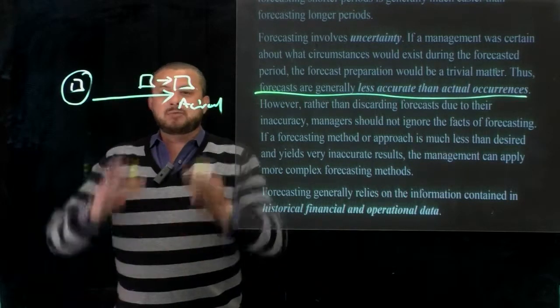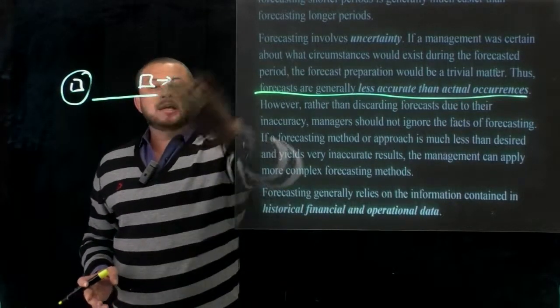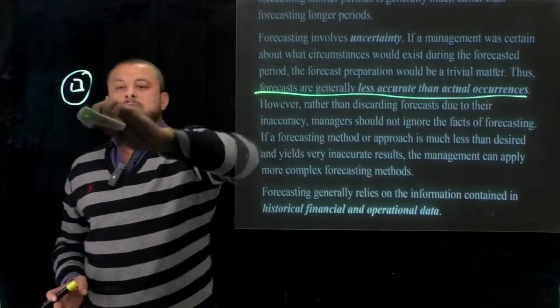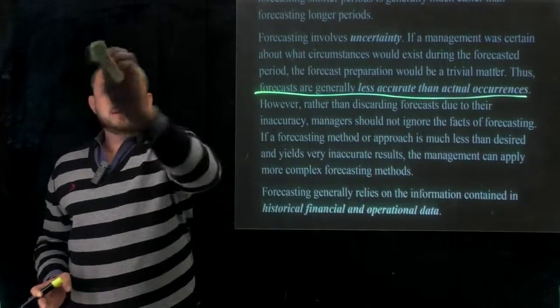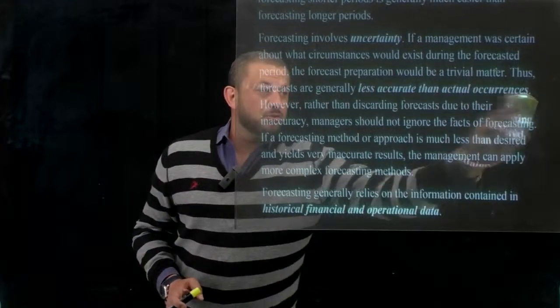That's why we would like to be as close as possible to the actual outcome, so we will have a great idea about the financial framework for the next period, based on our forecasting.